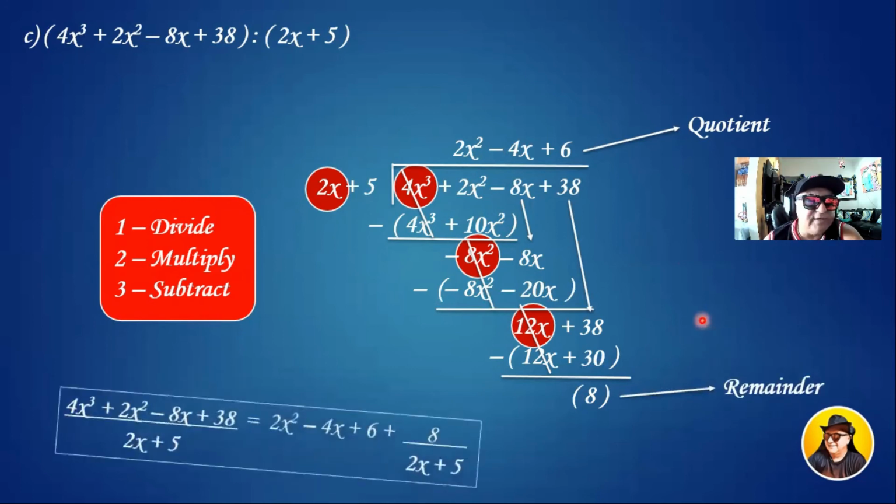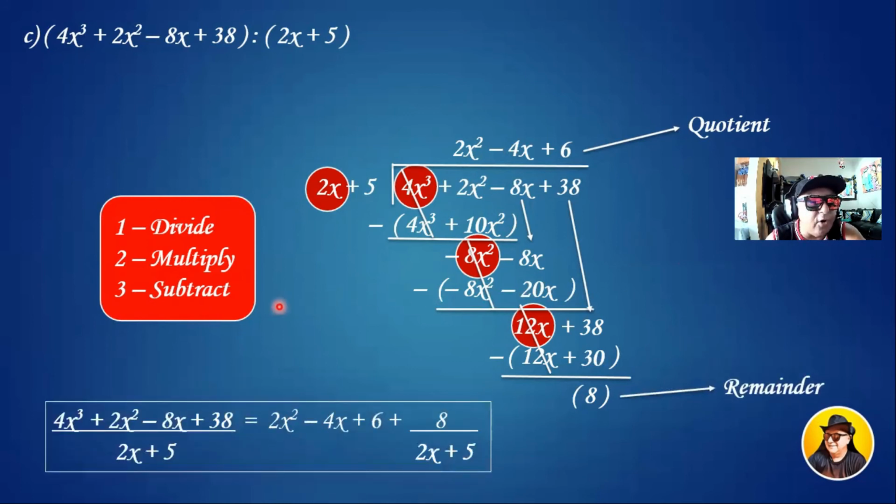So the result is 4x cubed plus 2x squared minus 8x plus 38 divided by 2x plus 5 is 2x squared minus 4x plus 6 plus 8 divided by 2x plus 5. All right, so question C is done.